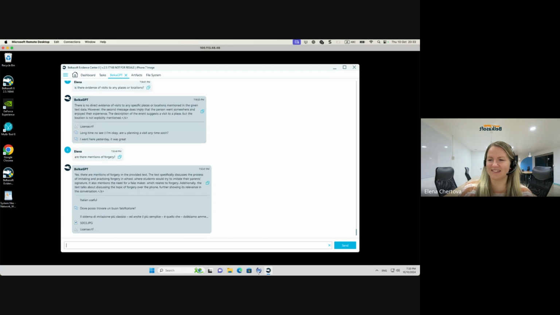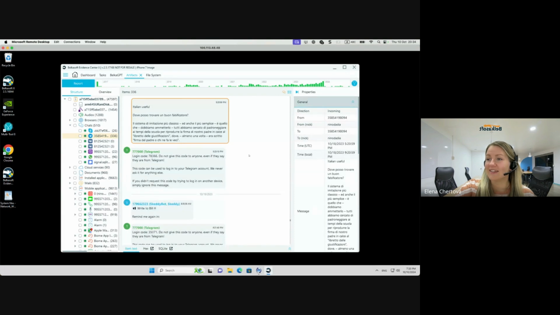So here, yes, it replies that there are mentions of forgery, and there is some text that discusses the process of imitating and practicing forgery. I'm just reading it out loud because some people may not see it clearly on the screen. I'm not sure how well you can see it. After that, we can find an artifact.